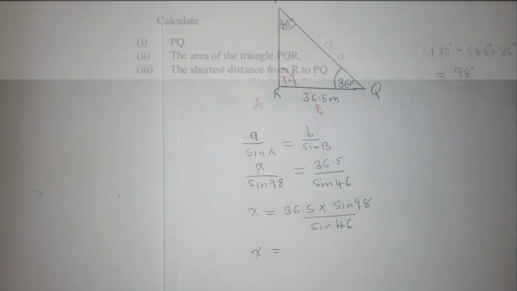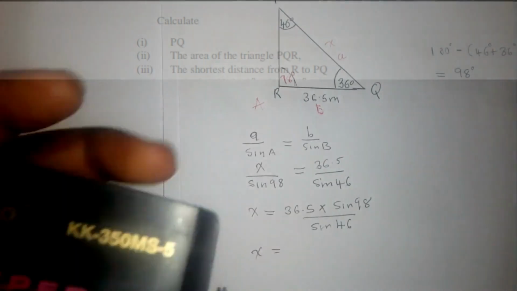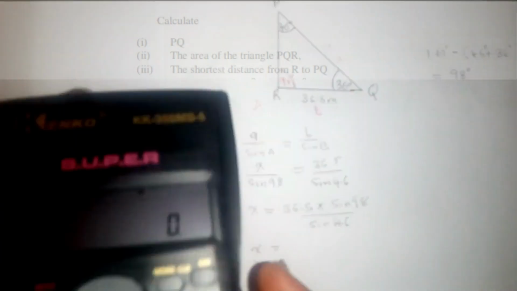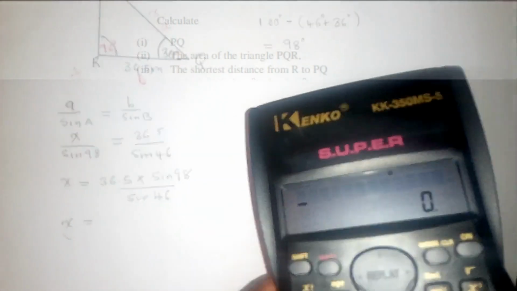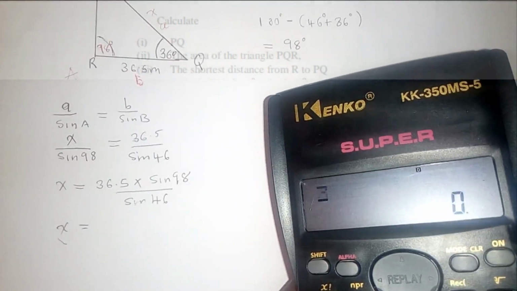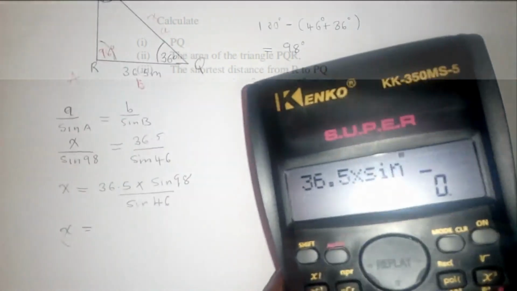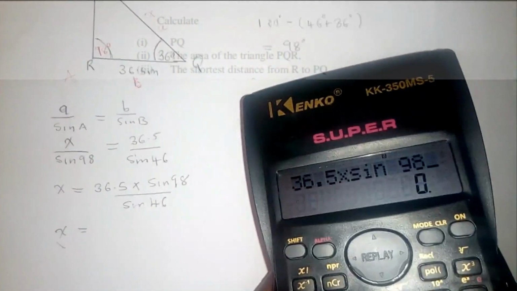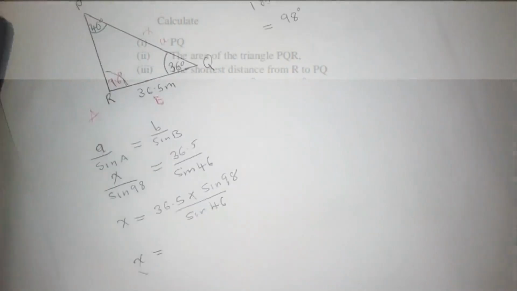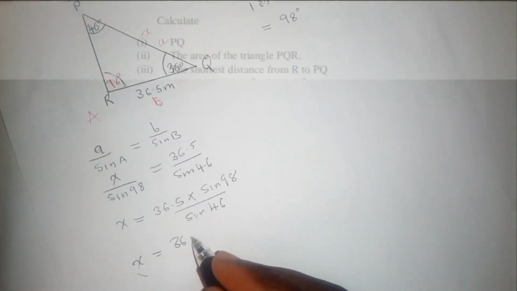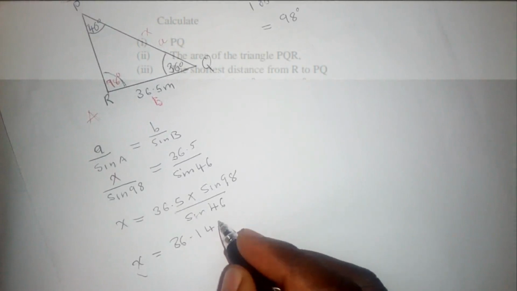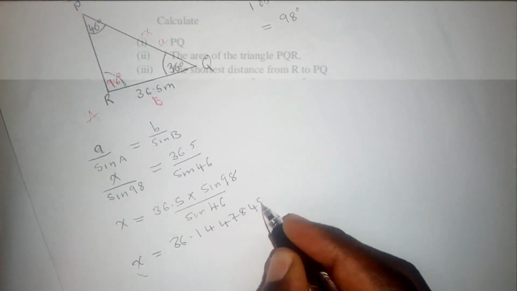So you can punch on your calculator: 36.5 times sine 98 is equal to, and we can write what we get, which is 36.1447845.